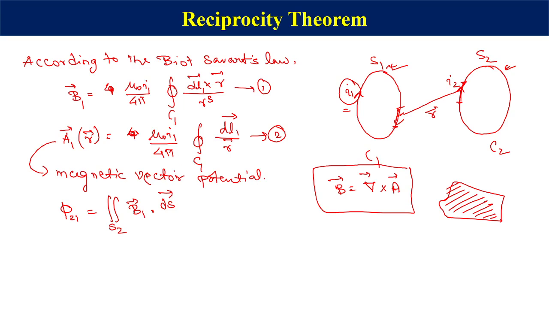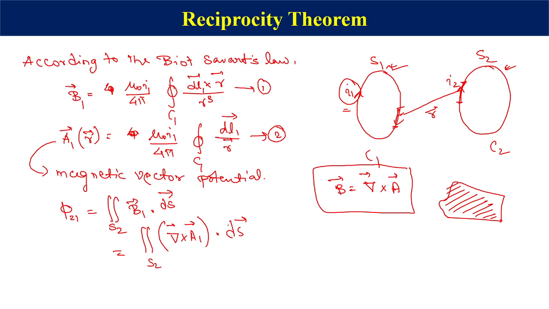Since we know the magnetic field is given by del cross A, the magnetic vector potential, I put it here: integral over S2 of del cross A1 dot dS, which is the small area element in the circuit C2.